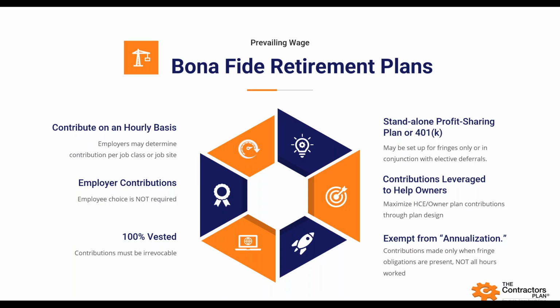It's important to remember that these are employer contributions. These are not elective deferrals. Employee choice is not required. So what I see out there a lot is that employers are taking credit for their match of their elective deferrals. So they've got a 5% match. Let's be generous and use an even number. Let's say the employee makes $100,000 a year.